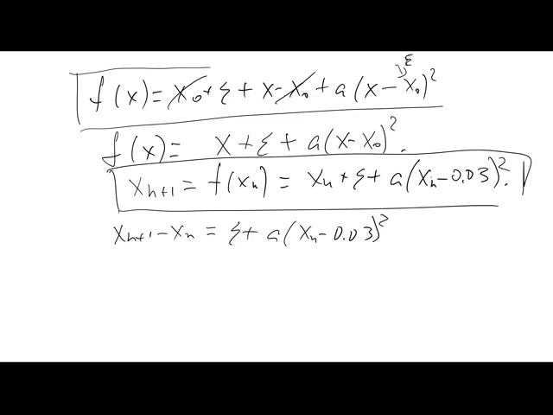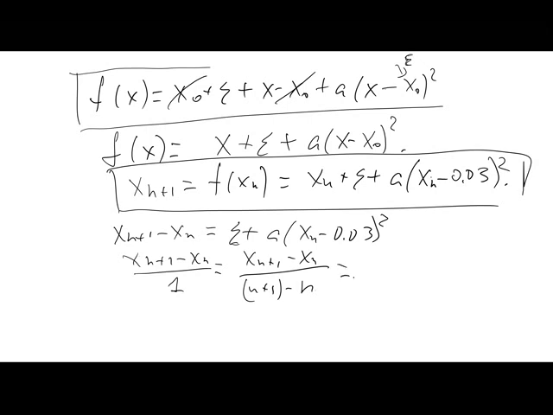And the only trick we want to use here is to say xn plus 1 minus xn divided by 1, which is xn plus 1 minus xn divided by n plus 1 minus n.